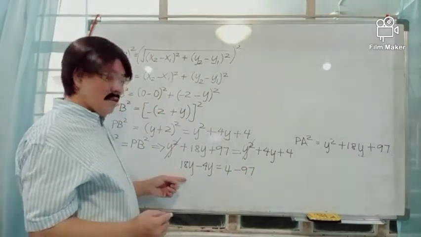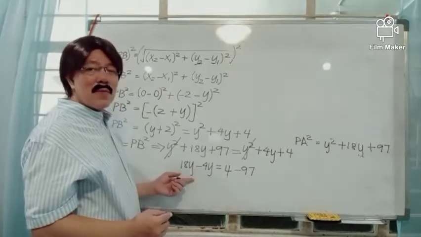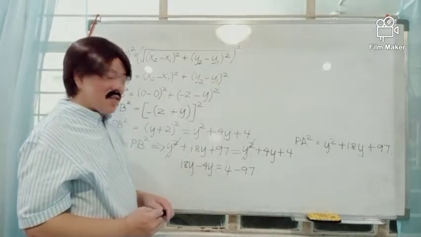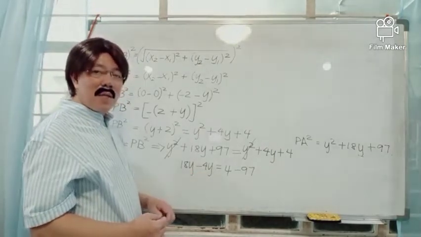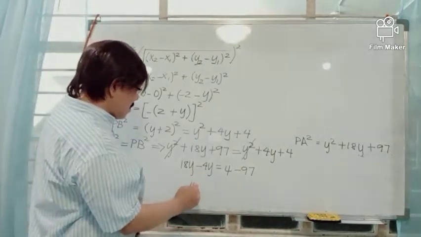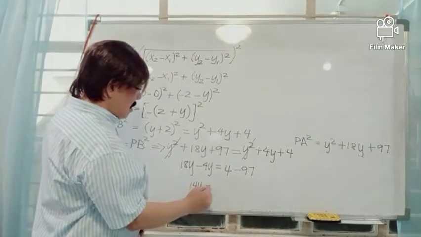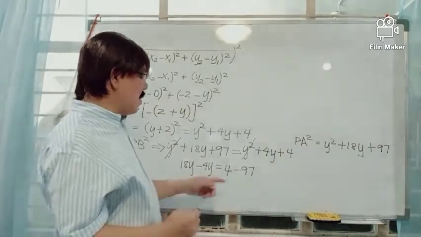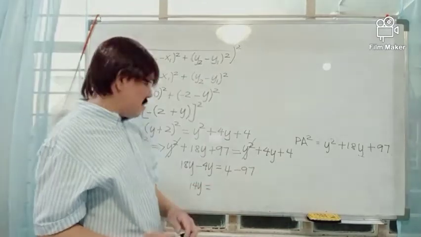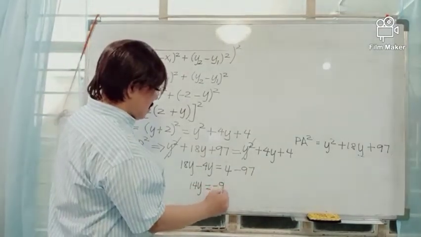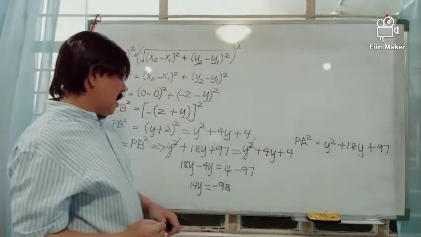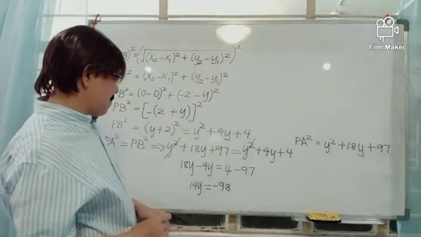18y and negative 4y are like terms or similar terms with y as the common literal coefficient. 18y minus 4y, 18 minus 4 is 14y. And 4 minus 97 is negative 93.